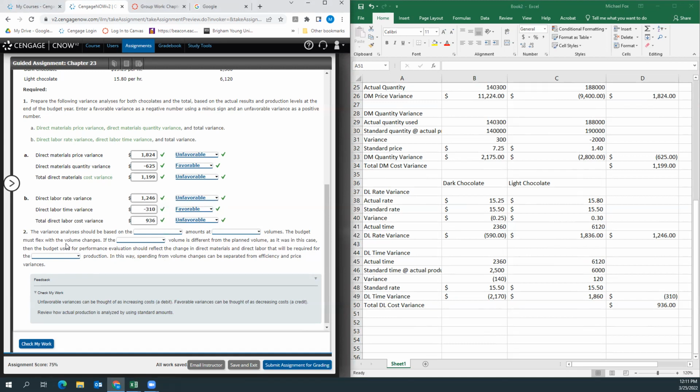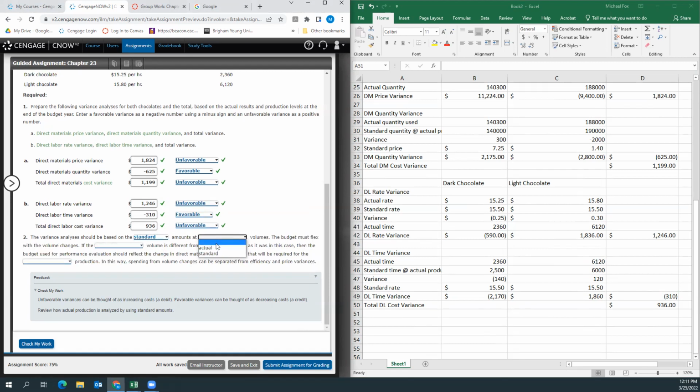So the variance analysis should be based on the standard amounts at the actual volumes, right? That's why we did the standard time at the actual production level and standard quantity at the actual production level. So we're going to base our standard amounts at actual volumes.